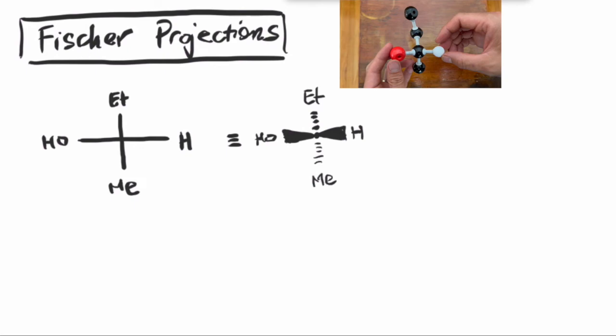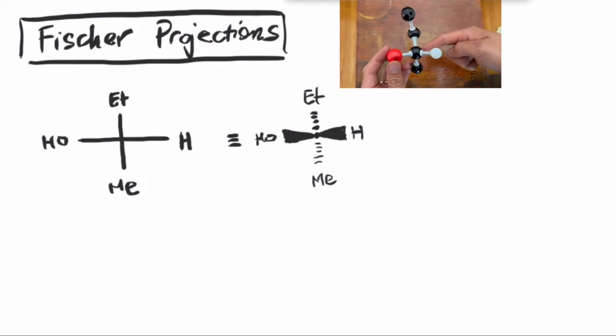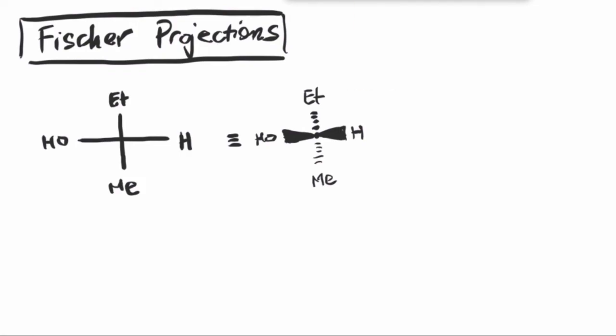Okay, so I'll represent this here with this 3D model set. So this is what you are actually looking at. Two things are coming up at us and two things that are going away from us. But this way of representation, again, is not what we are familiar with. We are usually familiar with two bonds that are in the plane and two that are not, right?